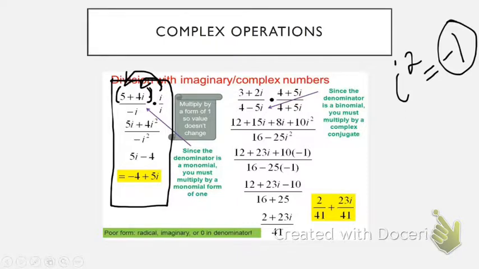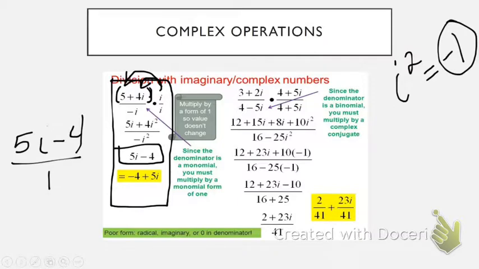Please make sure you add those parentheses when you're working this out for the test or for practice or what have you. So we have 5i plus 4i squared all over negative i squared. Well, simplify it, and they kind of hid a step from you. They know that a negative 1 over a negative 1 is a positive 1. So that becomes 5i minus 4.